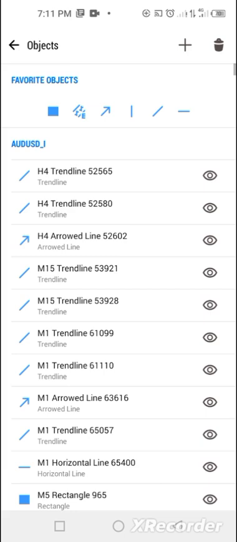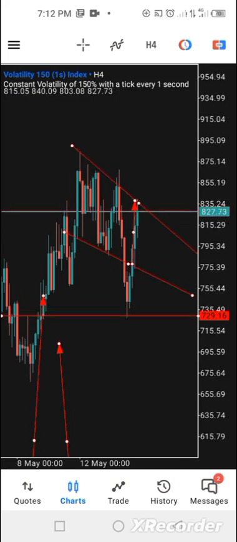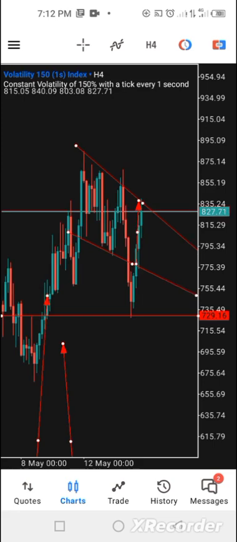Let me get another arrow. So you can see here, it's touching this trend line and it's touching this trend line. So the distance between this trend line and this trend line is what you're going to measure. After you measure it, then you take it upward. You take it upward, right? Make sure it touches the upper trend line again.